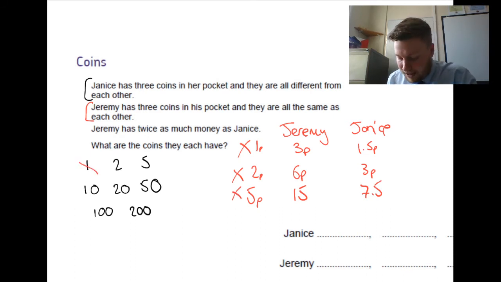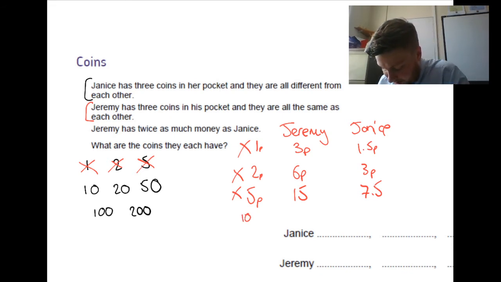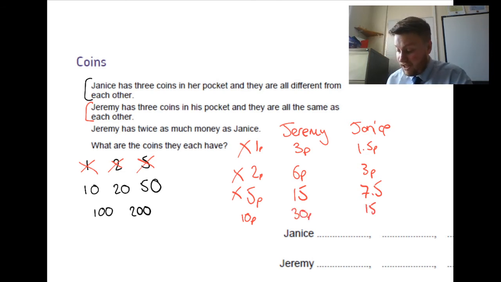And we've already eliminated 1, 2, and 5. We've already managed to eliminate some of these choices, and we've now narrowed it down. There's only 5 more options that we can look at. So let's look at 10. If he has 10 pence, that means in total he's got 30 pence. That means that Janice has to have 15 pence. Is it possible to make 15 pence out of 3 coins?